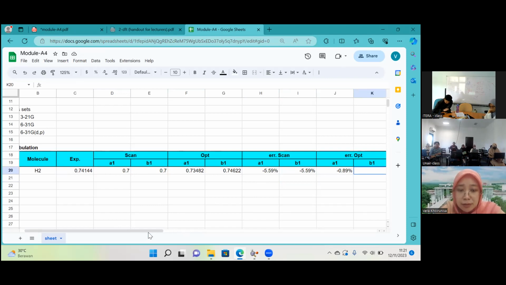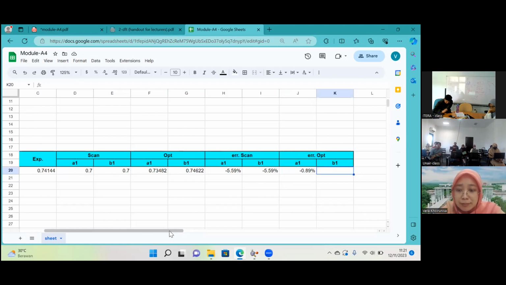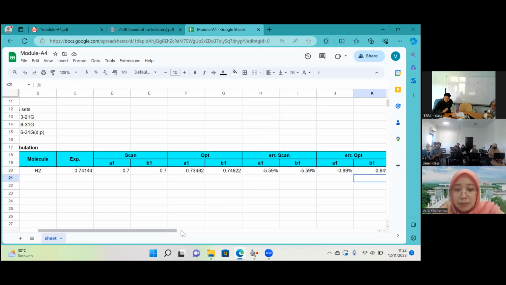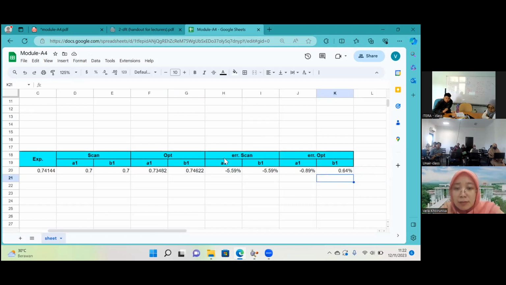And I will do the same with this one. So this number minus experimental value per experimental value. So now you can see from this one, from the scan, it has the same value.